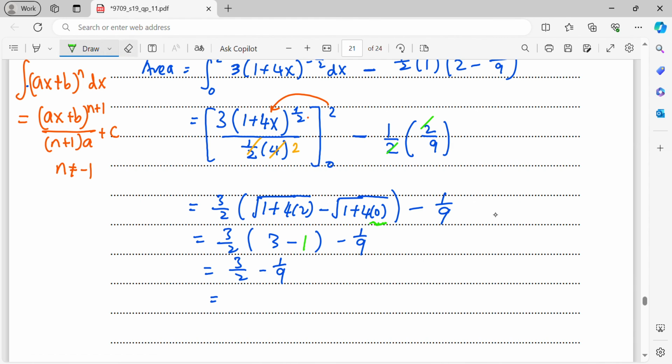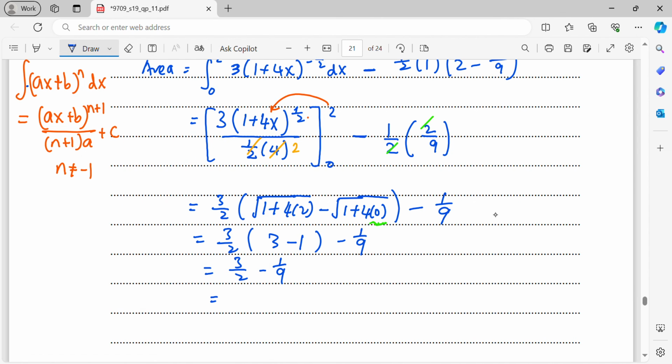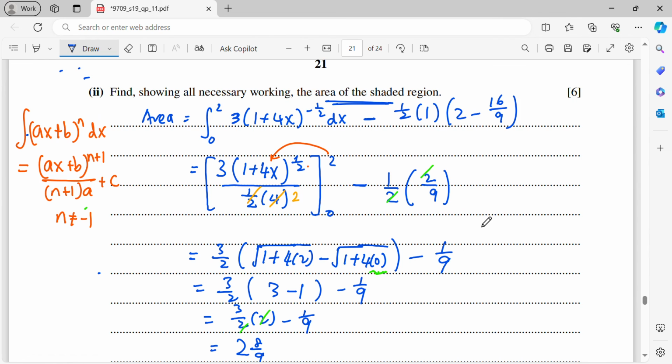So I'm getting 2 inside the bracket. So 3 over 2 times 2, right? So here basically I'm getting 3 over 2 times 2 minus 1 over 9. That is 3 and 2, the half and 2 cancel off. Then you are getting 3 minus 1 over 9. That is going to be 2 and 8 over 9. Okay, so that's the area of the shaded region.